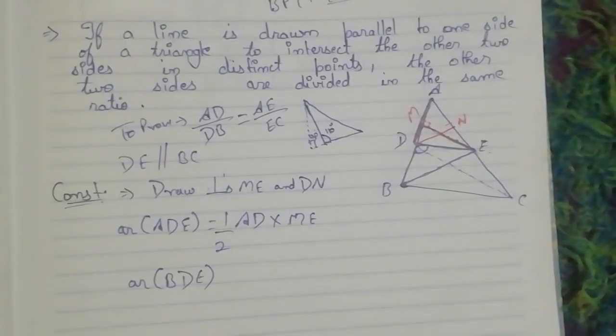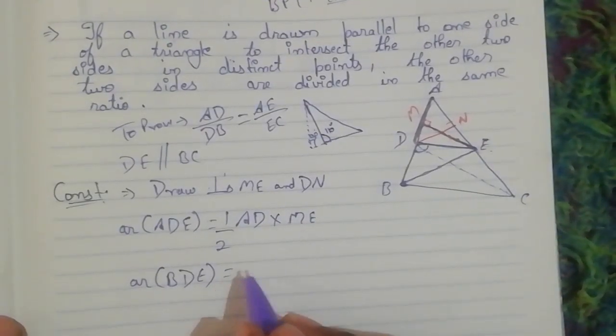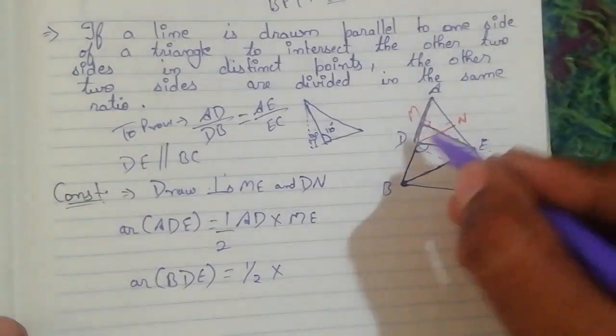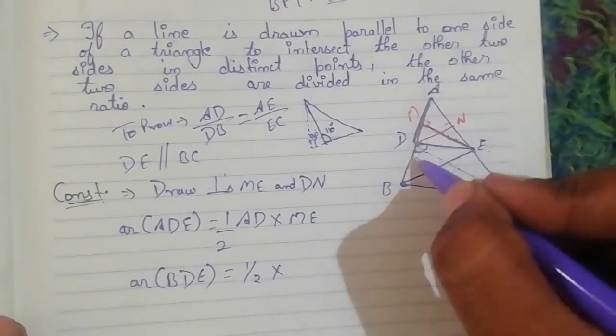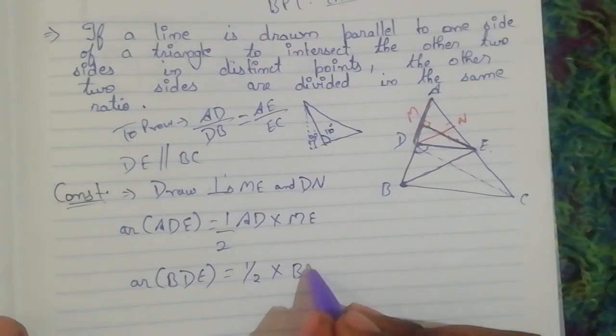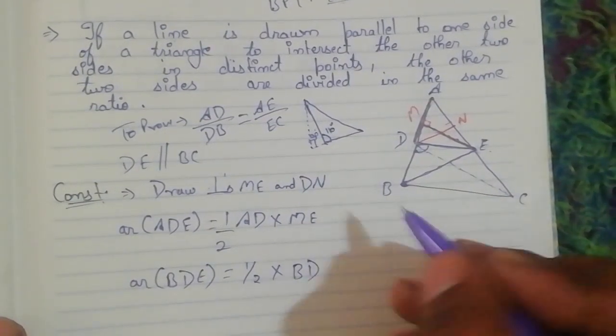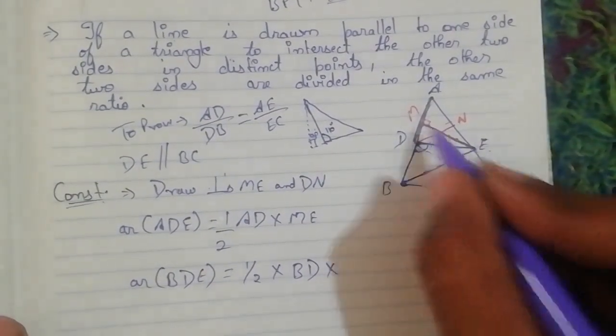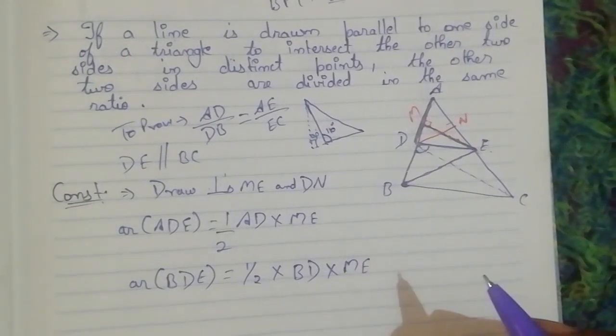So area of triangle BDE can be written as 1 by 2 into, now what is the base here? The base will be BD itself, and altitude will be ME.